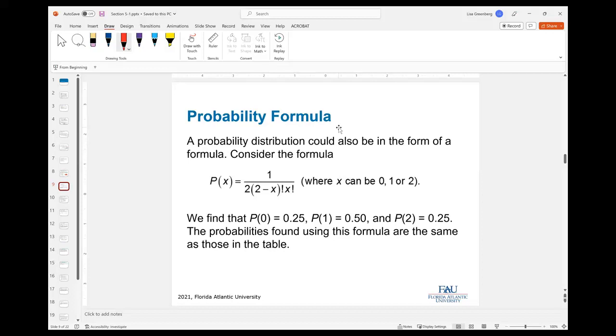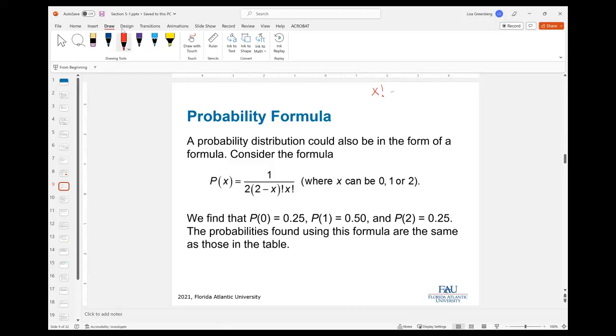Here's the formula. So a probability distribution can also be in the form of a formula. So here's a formula. And I don't know if you've seen this, factorial is the exclamation point. What factorial means is, let me do the general first.